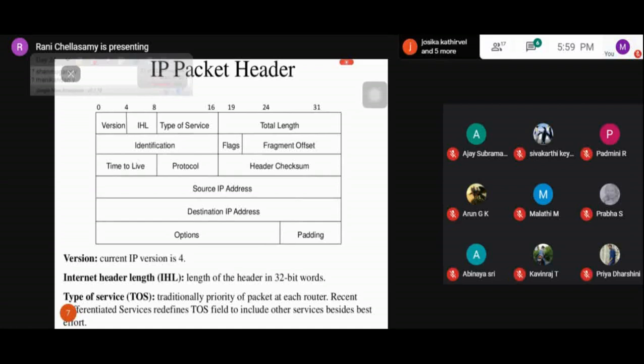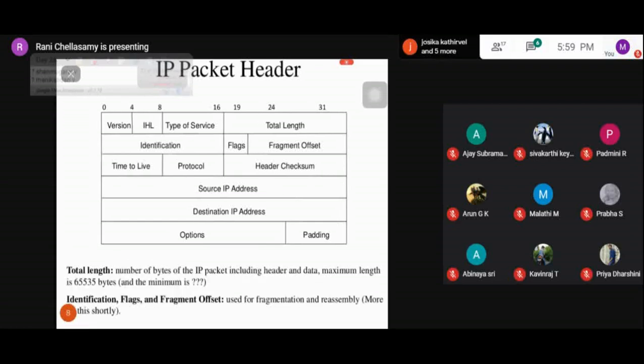The next field is total length. Total length specifies the number of bytes of the IP packet, which contains both the header as well as the data. The maximum length it can hold is 65,535 bytes.